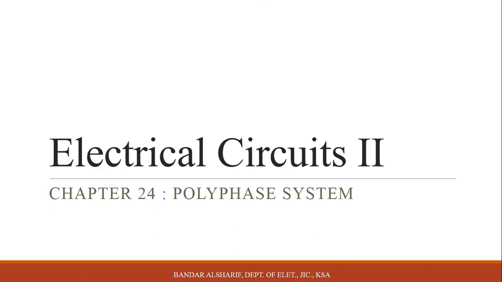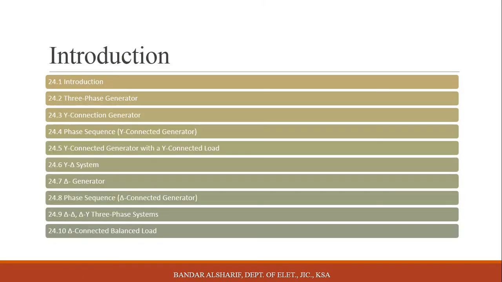In polyphase system, we will talk about three-phase generator and Y connection type and delta connection type, since it is a three-phase system, and then how to connect Y connection with delta connection, either source or load, because we have source three phase and load three phase.